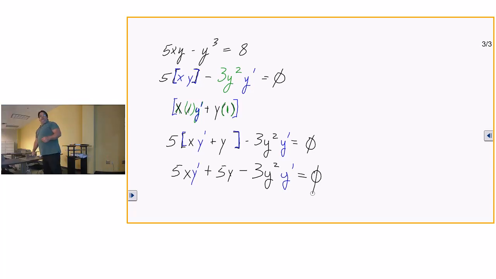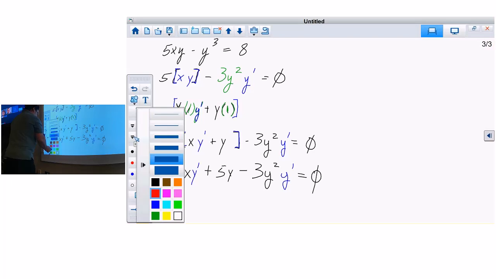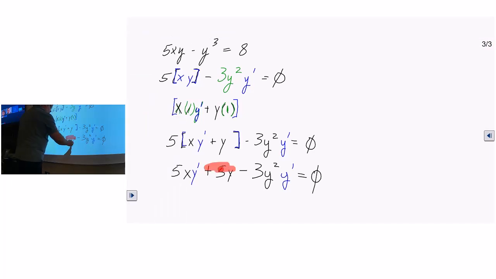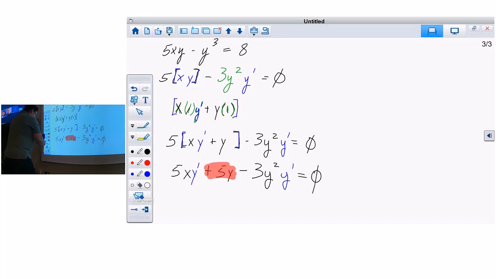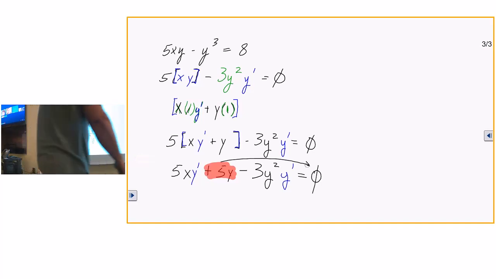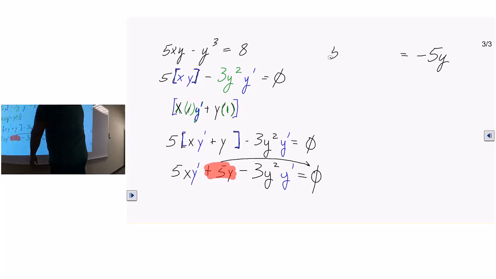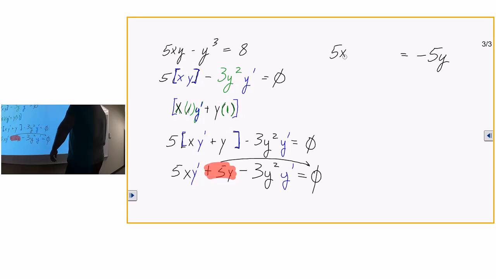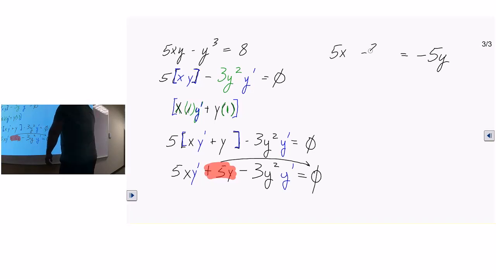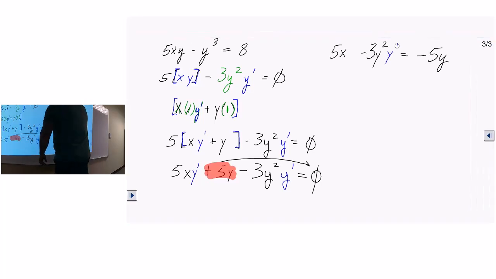You're going to move the 5y over because 5y doesn't have anything in it that you want. So he goes across the river and becomes a negative 5y is equal to 5x y prime minus 3y squared y prime.